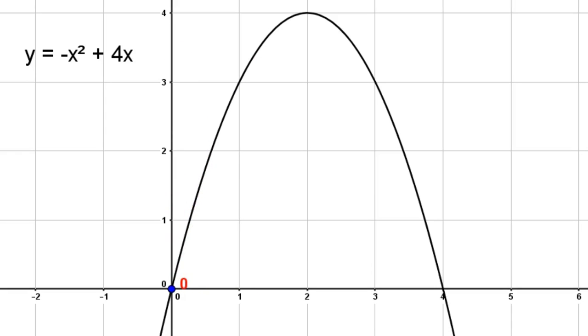In order to see that, we're going to animate this, and we're going to trace out all of the y-coordinates as we do that. So right now, our point is at (0, 0), so our value is 0.